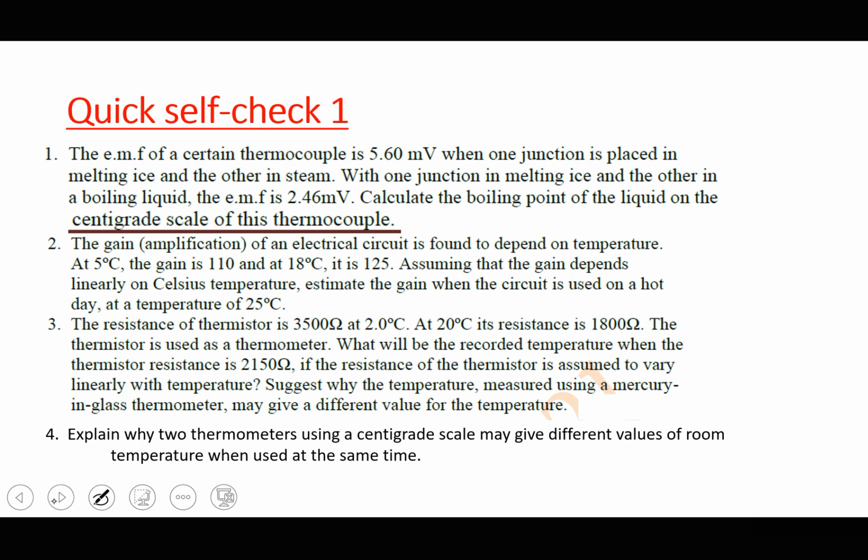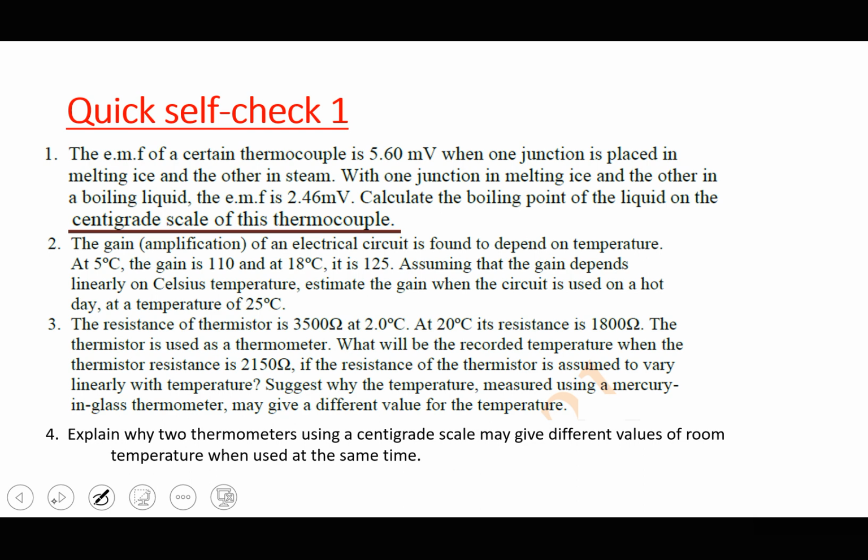The EMF of a certain thermocouple is 5.6 millivolts when one junction is placed in melting ice and the other in steam. With one junction in melting ice and the other in a boiling liquid, the EMF is 2.46. Capture the boiling point of the liquid on the centigrade scale of this thermocouple.